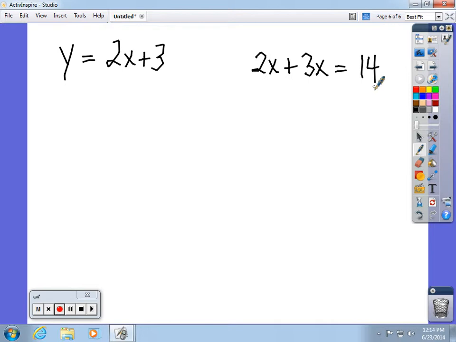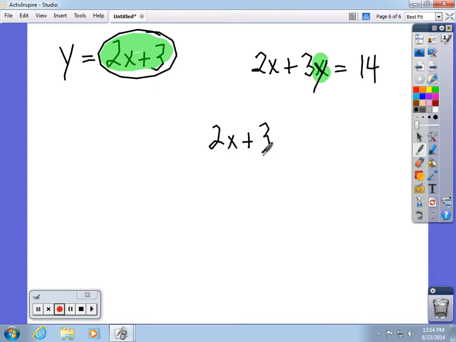What am I going to do with these two? Well, this one is the most complicated, so I'm going to leave it alone. But what does this one say? Y is equal to 2x. What can I do with this right here? Is that supposed to be 2x plus 3y? Yeah, so I'm going to do this. 2x plus 3, and I always tell you to use what?